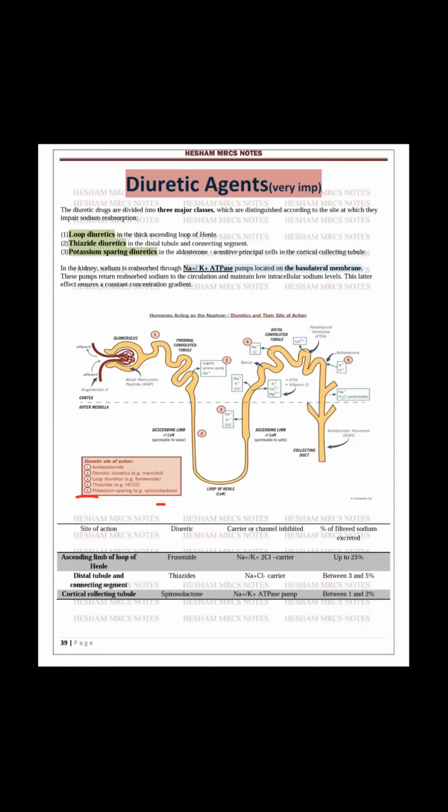Here we have collected furosemide, thiazide, and spironolactone. Remaining for them are acetazolamide, mannitol, and the antidiuretic hormone. There are 6 drugs or hormones acting on the loop of Henle.